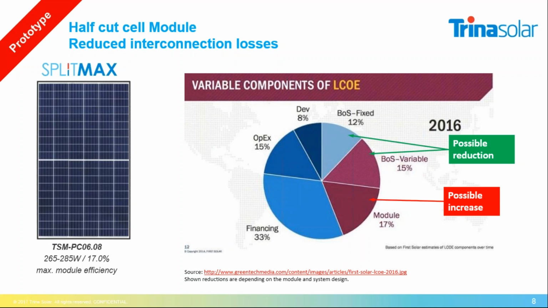That means the shading losses are reduced because the impact is only on half of the module. Then, based on the increased efficiency and increased power output, we have reductions on the fixed BS part and the variable BS part, maybe depending on a slight increase of the module cost.